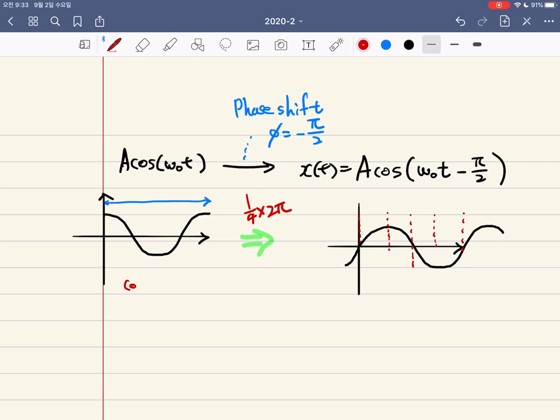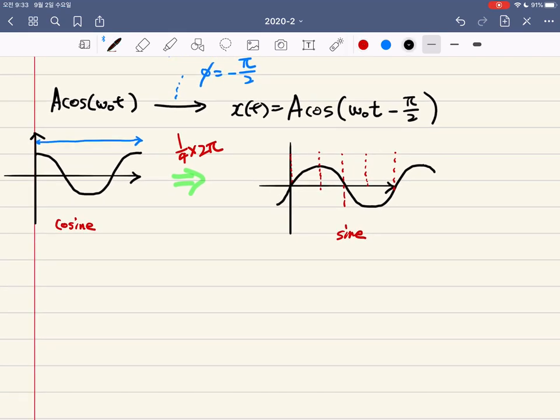So the cosine wave becomes a sine wave by shifting the phase over 1 over 4 part, a quarter part of a total cycle. So this becomes A times sine of omega 0 t.